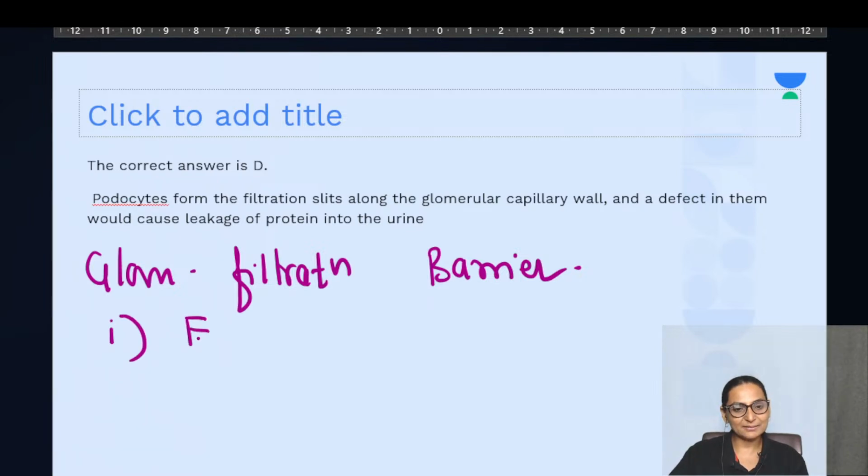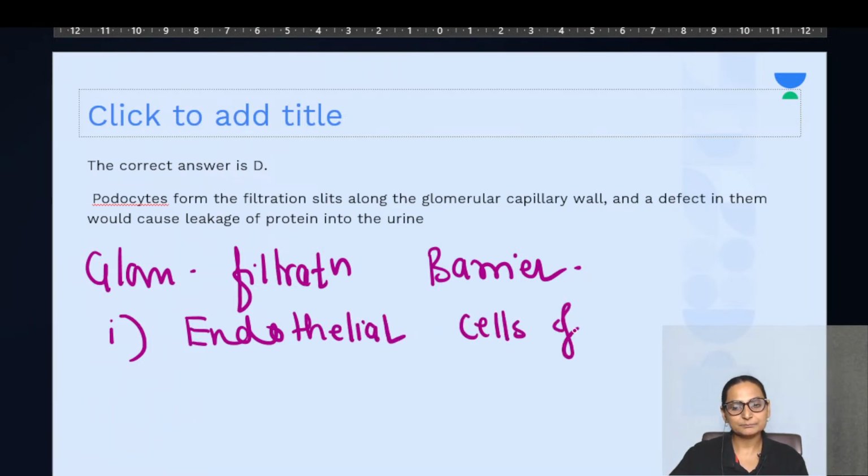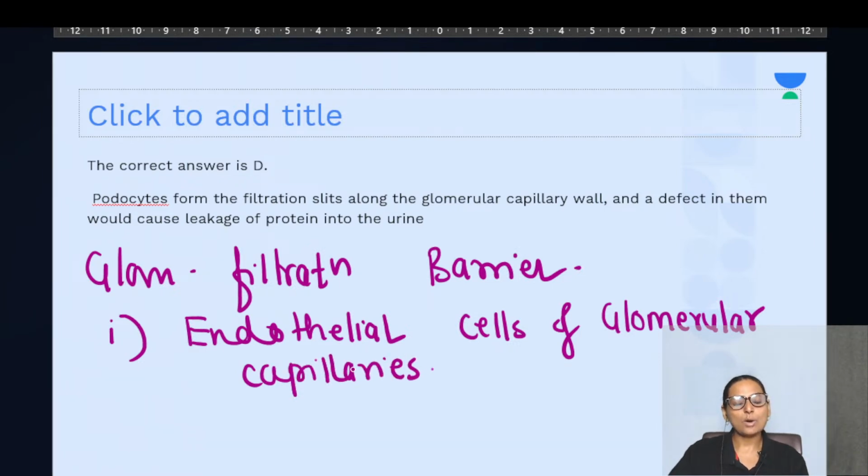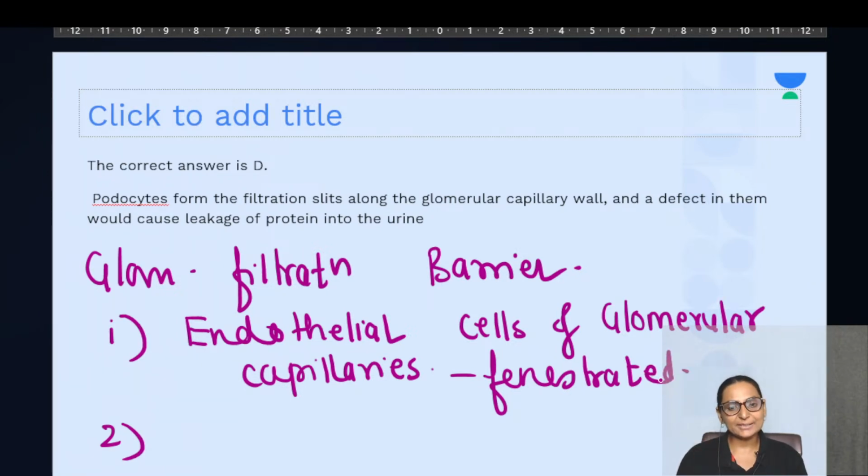First is the layer made up of the endothelial cells of the glomerular capillaries. Remember that here it is a fenestrated capillary, that means there are fenestrations, so it can easily allow substances to pass through it.